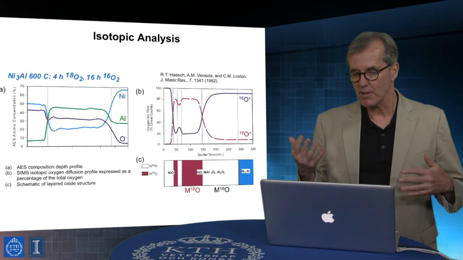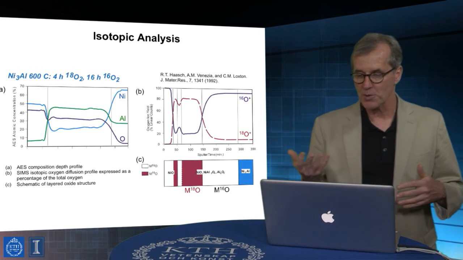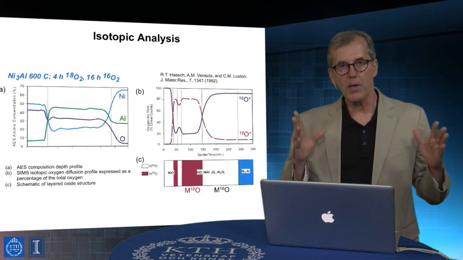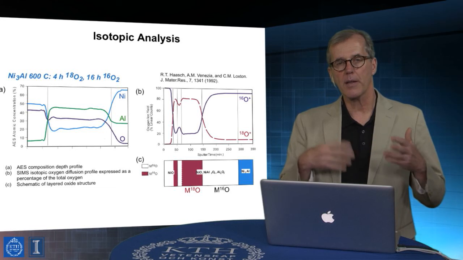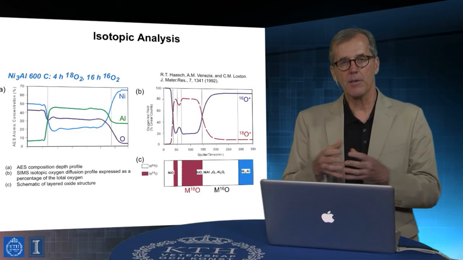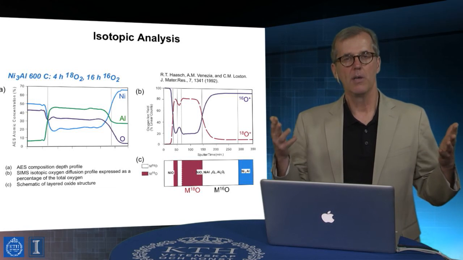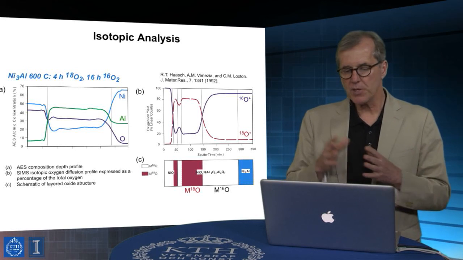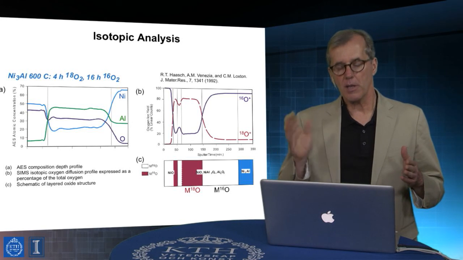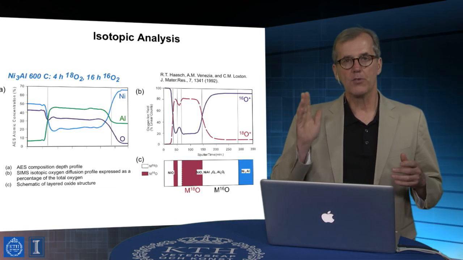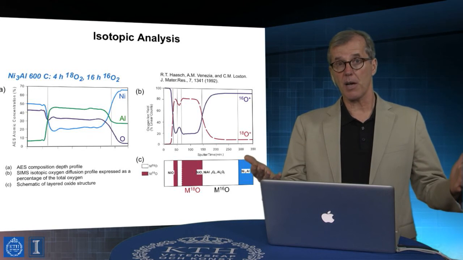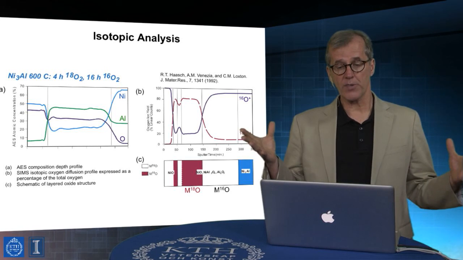I won't go into the details of what this slide shows, but it's a kind of thing that is very important for people that look at how thermal environments impact properties in complex hierarchical material structures. And this one is very much looking at the oxidation of a material, but from the point of view of trying to understand the mechanism associated with the motions of atoms in the solid state that lead to its thermal transformation.